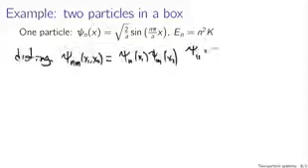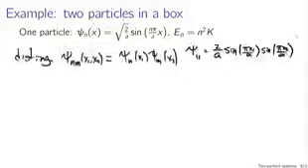In this case, looks like my normalization overall out front, 2 over a, different normalization since I've got the product of two separately normalized functions, times sine of pi x1 over a, sine of pi x2 over a. And it has energy, if I substitute 1 for the energy of one particle and 1 for the energy of the other particle, I'm just going to get k plus k. My total energy is 2k.